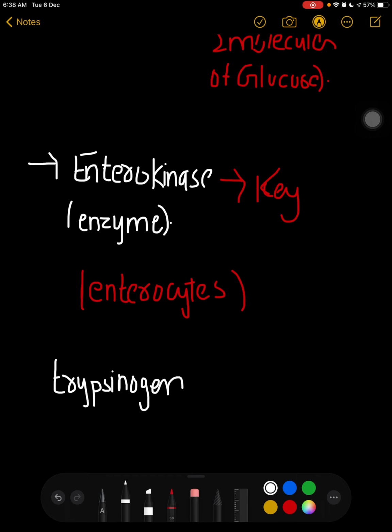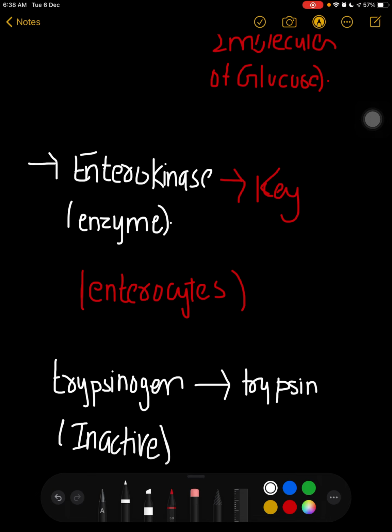Trypsinogen is a proteolytic enzyme in inactive form, and when enterokinase works on it, it converts the inactive trypsinogen into active trypsin.